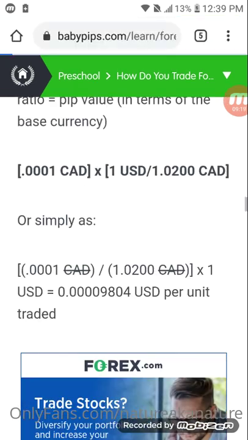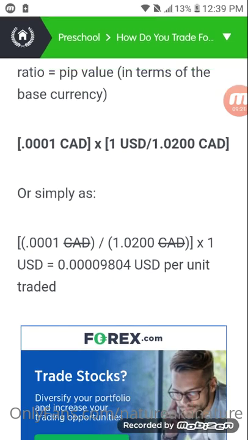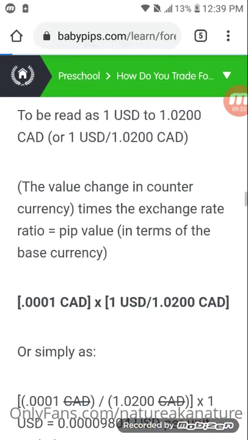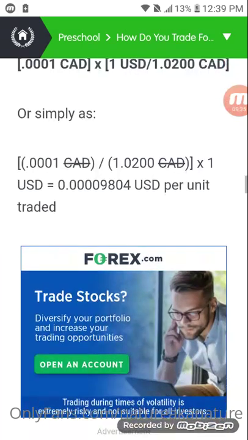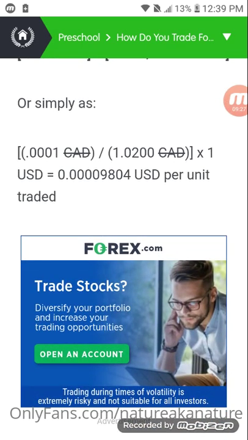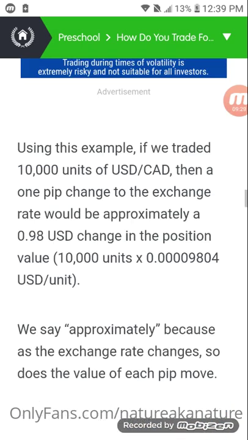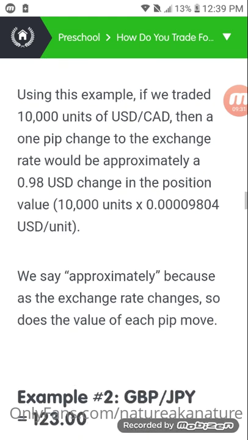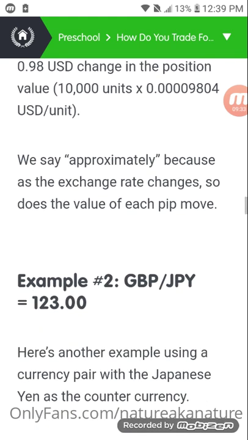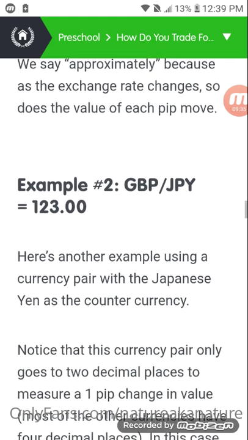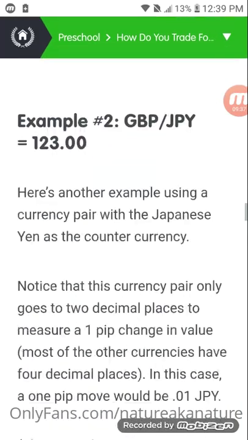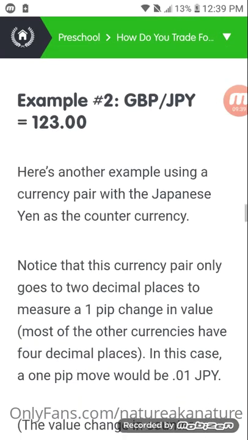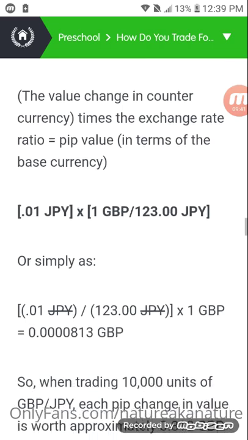Let me find a good example. I don't like that example, to be honest. Let's use this example right here. Is it JPY?